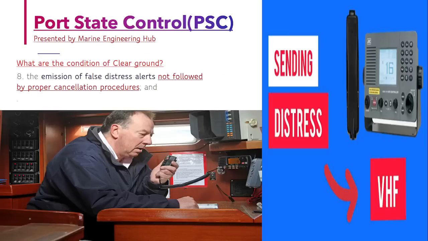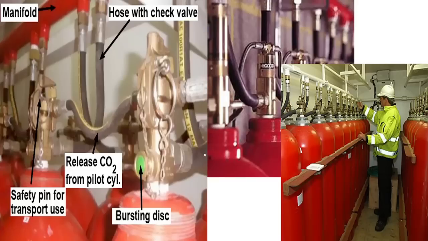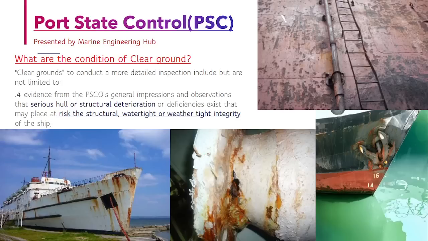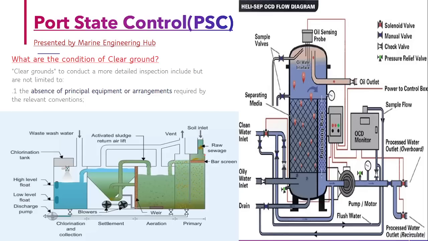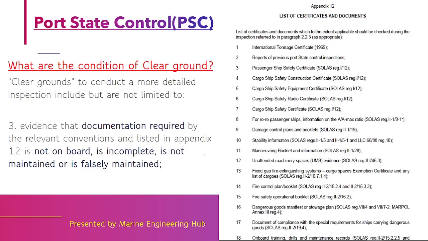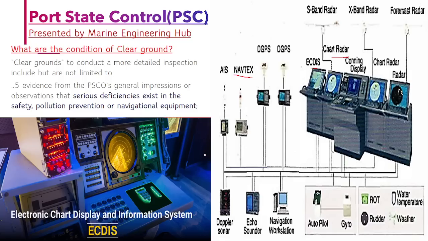Basically, in a synopsis, what is a clear ground? A clear ground is the evidence which clearly indicates that the ship's equipment and safety have been hampered and you may cause pollution. So what are the nine points? The first is the absence of principal equipment, the second is the certificates, the third is the documents missing or falsified, the fourth is the hull deterioration, the fifth is serious deficiency in the navigation, safety or pollution prevention equipment.